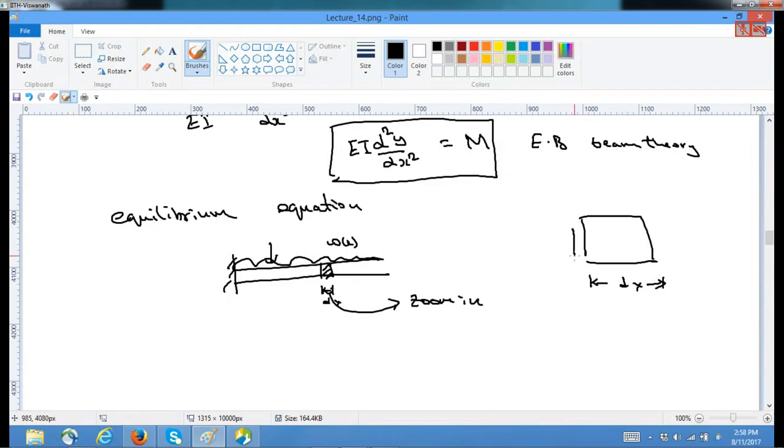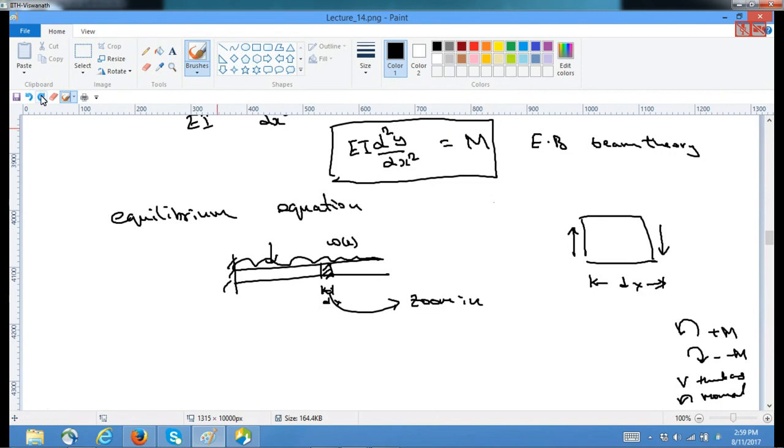Let's consider the convention for the shear force and bending moments: anti-clockwise is plus M, clockwise is minus M. V that causes this rotation, this movement, is positive. So this is causing clockwise.